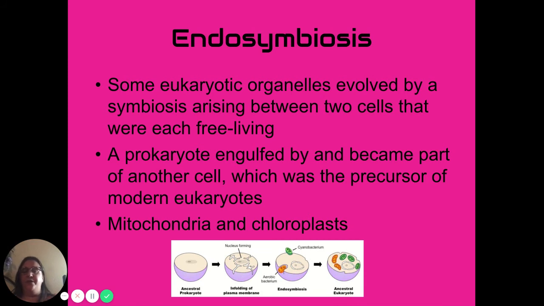And so what scientists believe happened was that there were these free living cells, and you had a cell that was a cyanobacterium that was photosynthetic, was able to produce its own food, and it kind of got inside of another cell, okay, another prokaryote, and it started to live in there and live in a symbiotic relationship where it wasn't being digested or eaten.